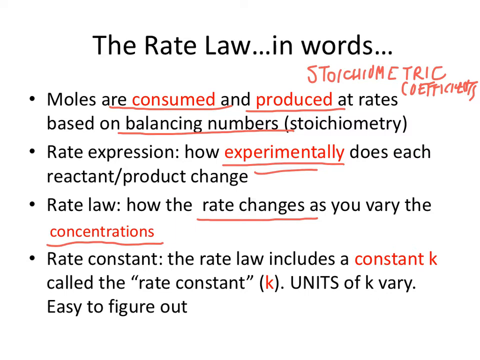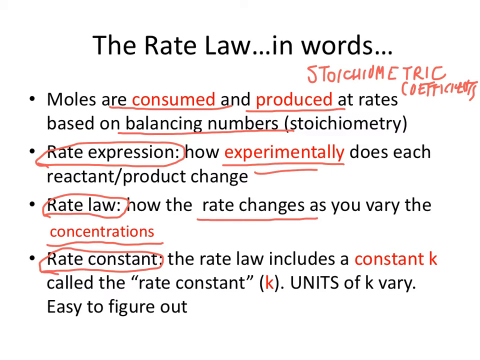So we have something called the rate expression. We have something called the rate law. We have something called the rate constant. So all of these three parts are going to be combined to describe the reaction of reactants to produce products.